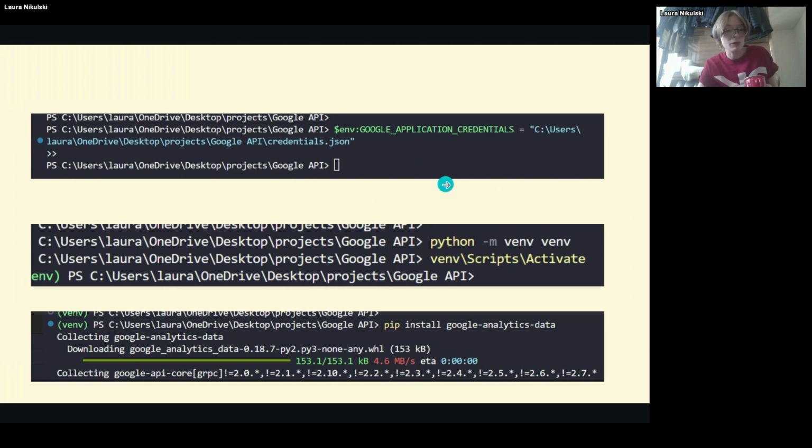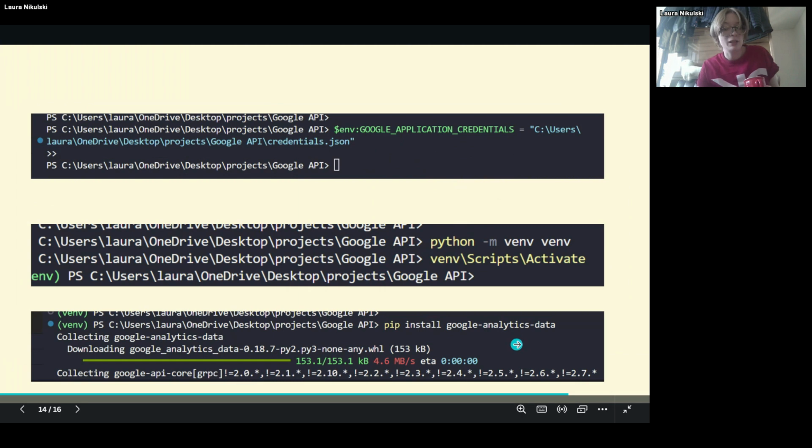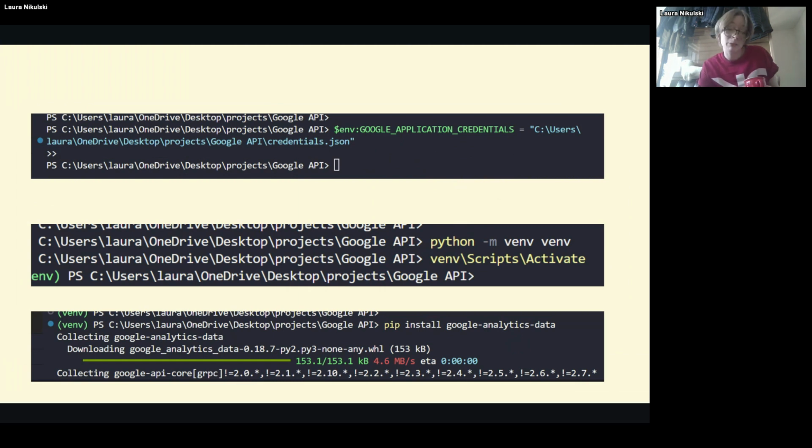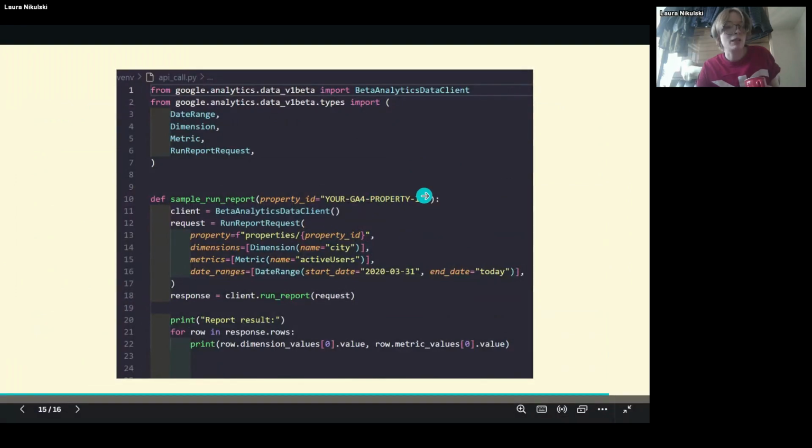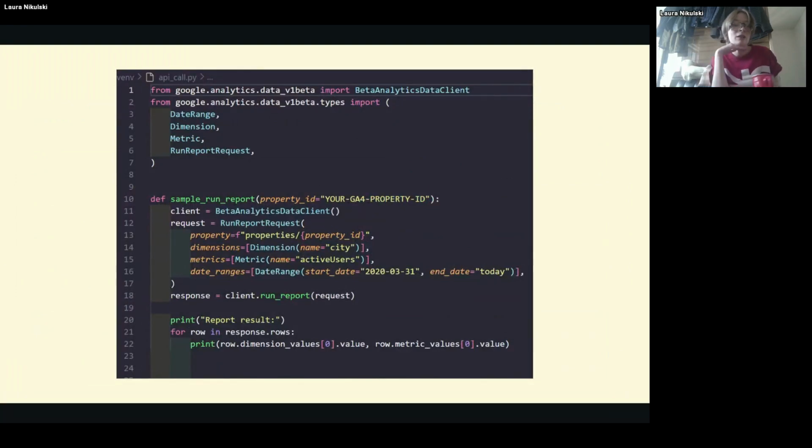Then, it actually says on the Google website, you need to have a virtual environment. You do that. And then you download your Google Analytics data client library. So once you've done that, you can run an API call starting with that. So that's kind of what it looks like.